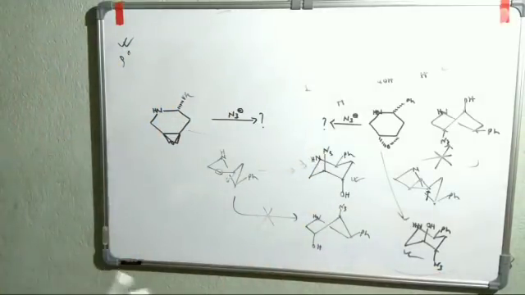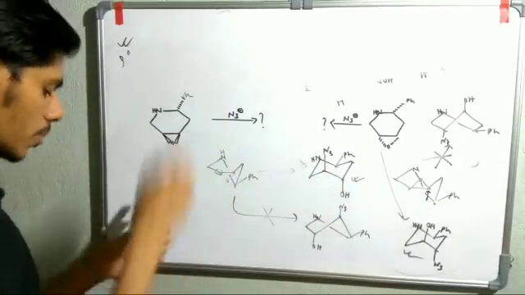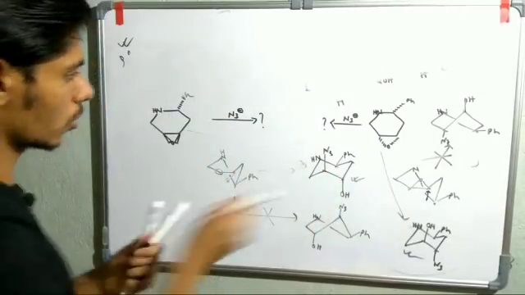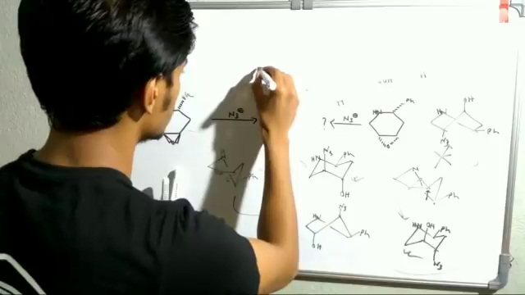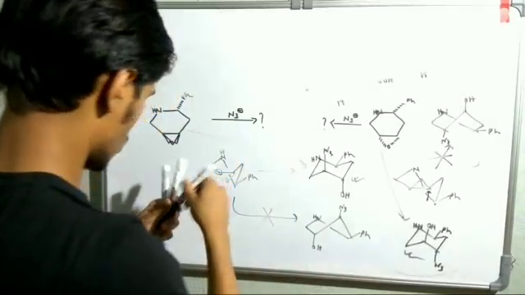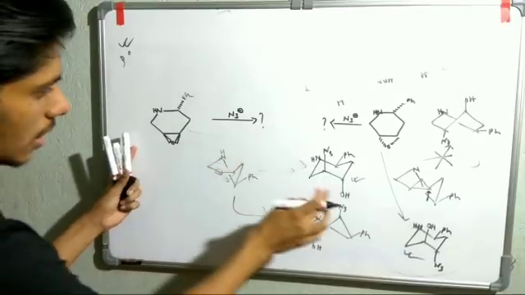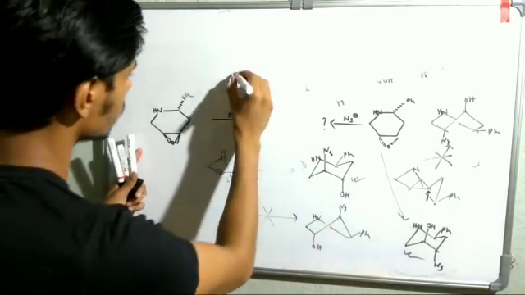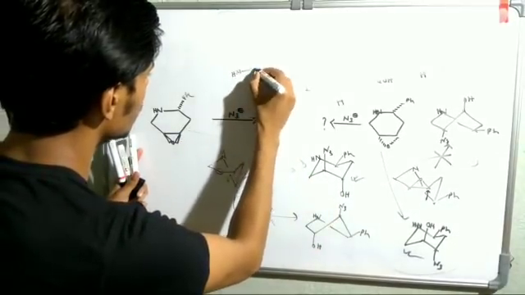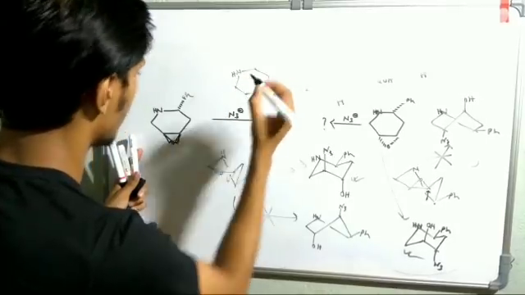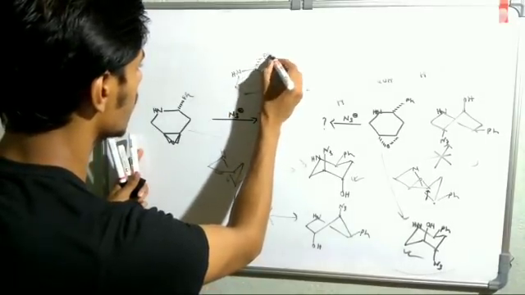So now you can also write down the same product in the flat configuration like this. So in this case what you have to draw is the same thing. Basically you can see here you have the NH and here you have the Ph.